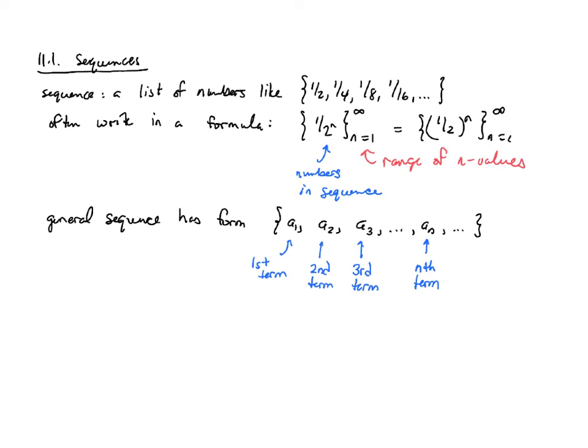So the numbers that occur in the sequence are called the terms of the sequence. And this formulation gets tedious to write out, so we'll frequently write these things out like we did above, using {a_n}, n equals 1 to infinity, or just {a_n}, if the meaning is clear.